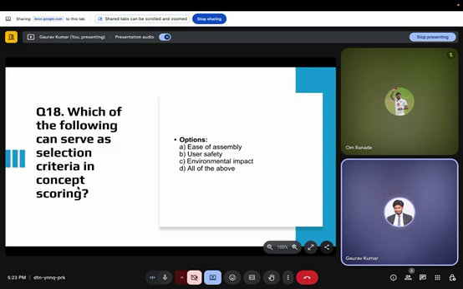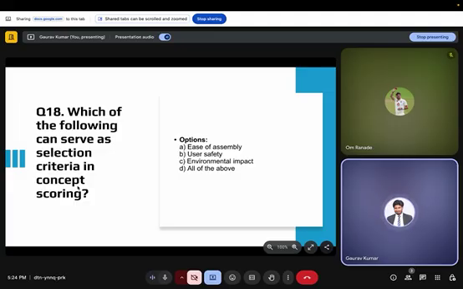Selecting only one or two of these aspects, option A, B or C, would produce a partial and potentially biased assessment. So design excellence arises from integrating usability, sustainability and manufacturability within the same framework. So a multi-criteria approach aligned with ISO-based design guidelines emphasizes performance, safety and ecological responsibility as inseparable.